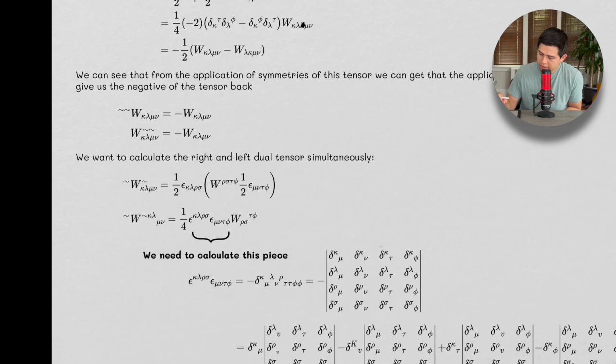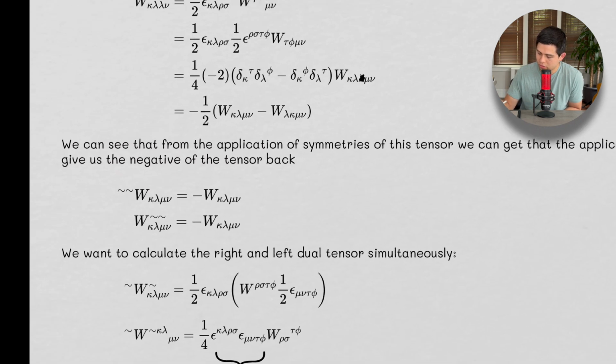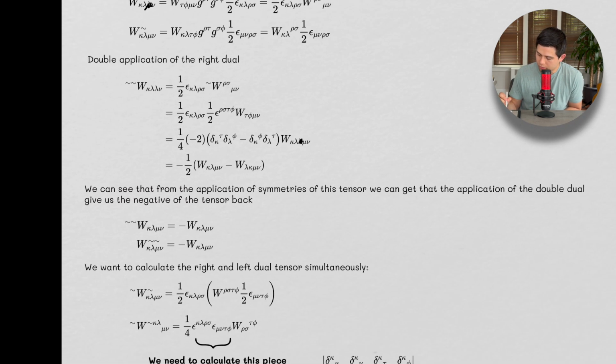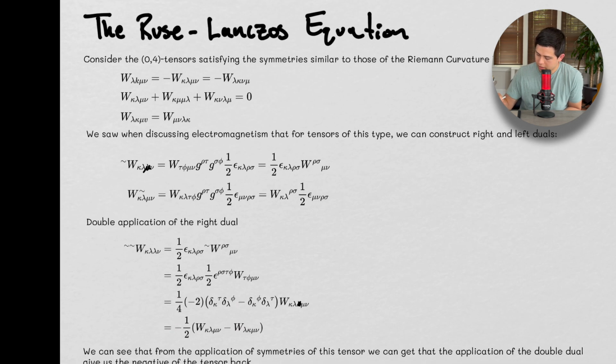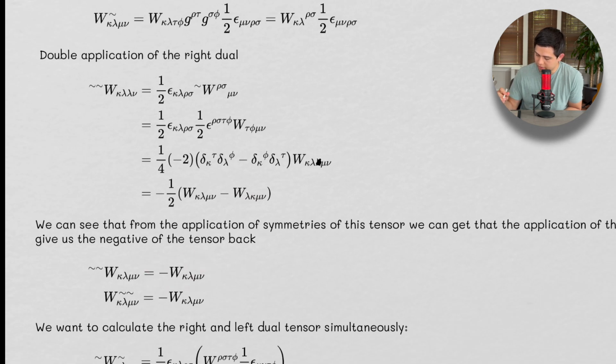From the application of the symmetries of this tensor, we can get that the double dual gives us the negative of the tensor back. So from symmetry, we take this one with kappa lambda, and we flip-flop these two, which is why we get this negative down here.